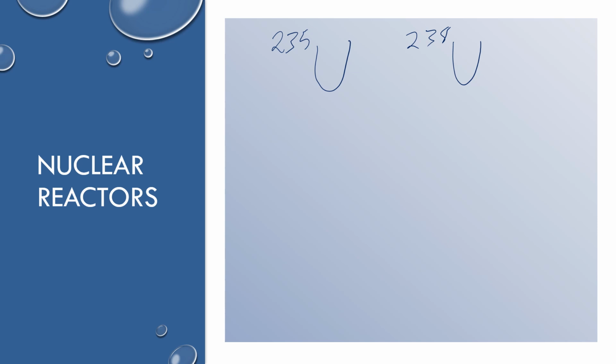And when the uranium is essentially decaying, I say decay, but a lot of times they will bombard it with neutrons, which will begin the reaction, and then it will cause a cascade of nuclear reactions as the neutrons go on to continue and bombard more atoms and cause more nuclear reactions to happen.